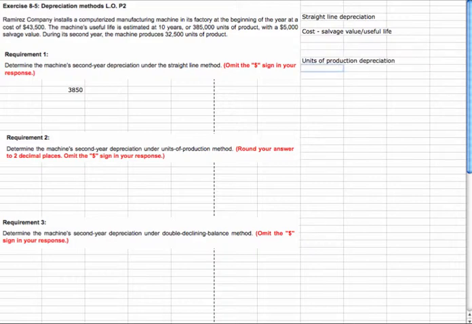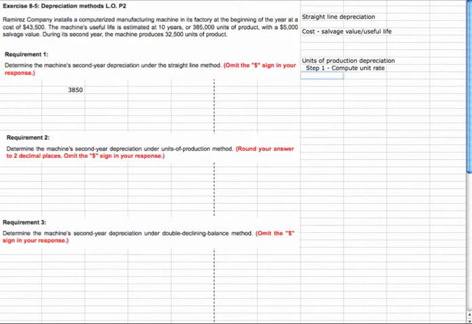Now with the units of production method of depreciation, it takes 2 steps. So first of all, step 1 is compute the unit rate.